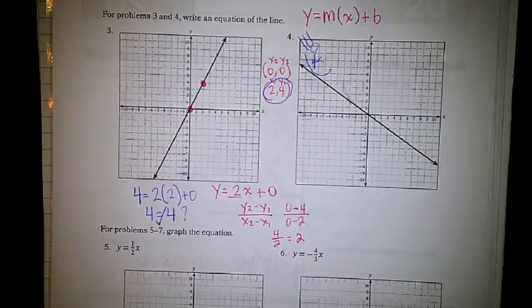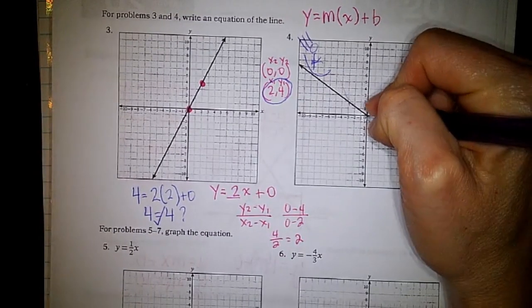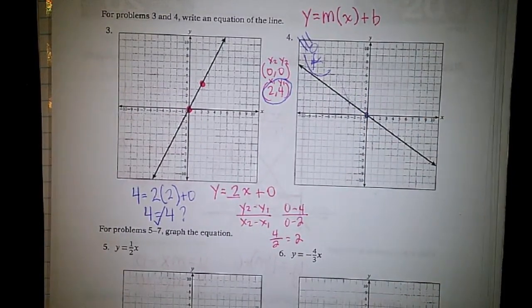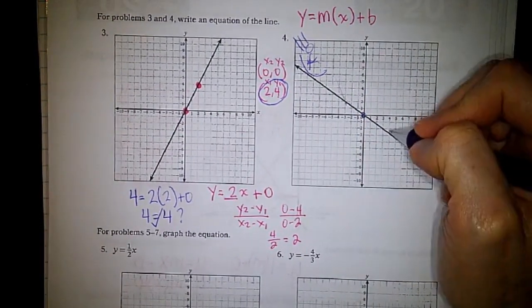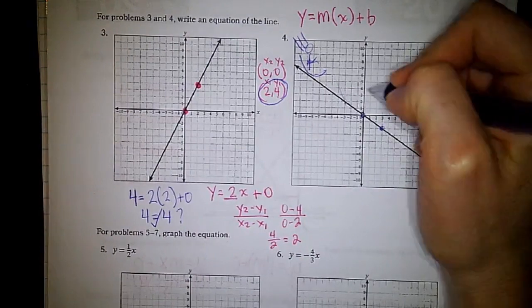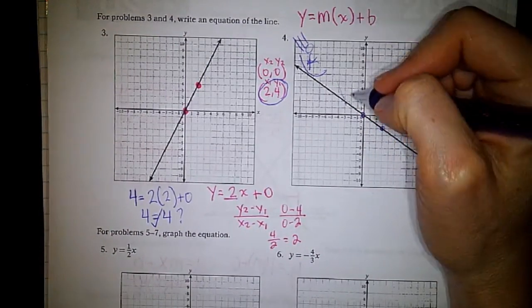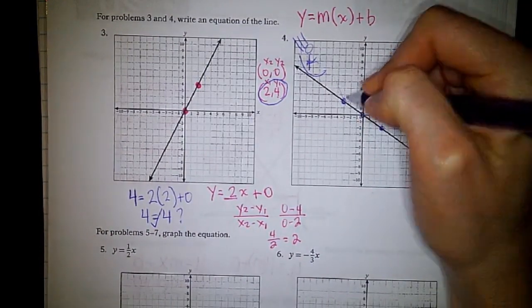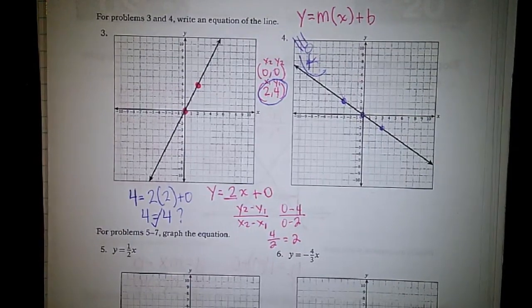What did we figure out? What are 2 points on my line? 0, 0, and I'm going to go this way, or I could go this way. Either way would work, right? Is that okay? Okay.